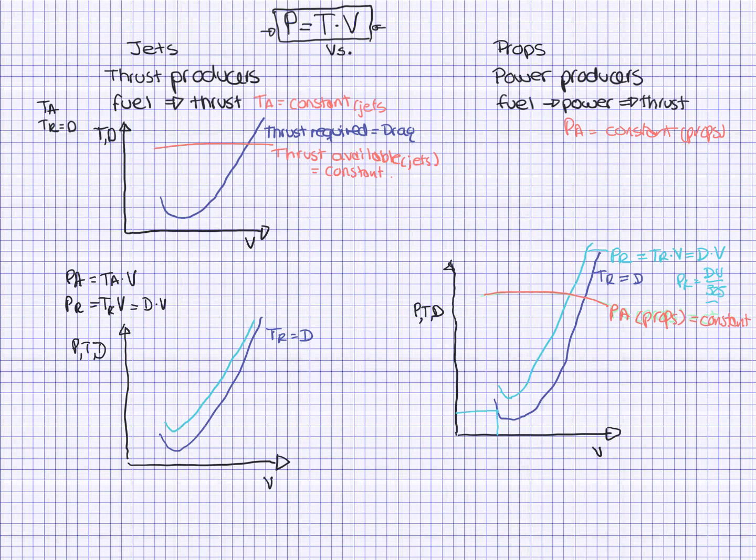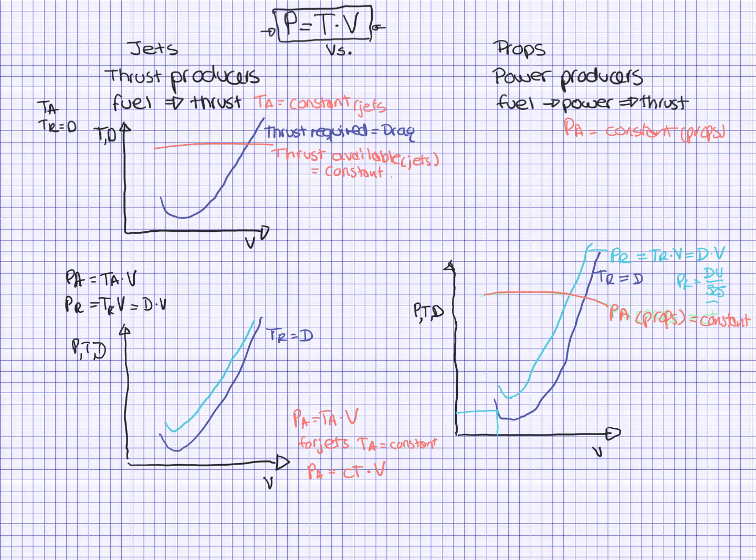And now we're going to draw power available for jets. So power available is going to be thrust available times velocity. Now we know that for jets, thrust available is constant. So we have that power available is a constant times velocity.